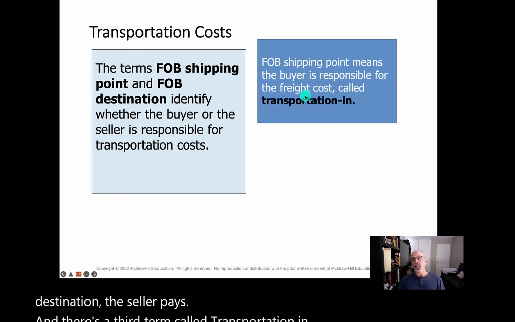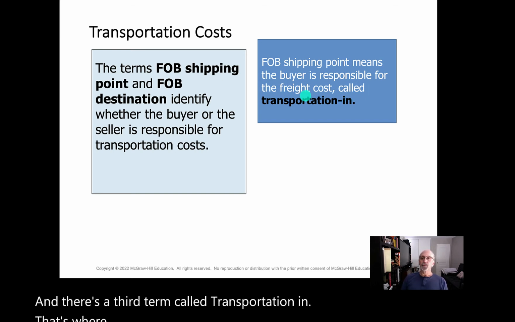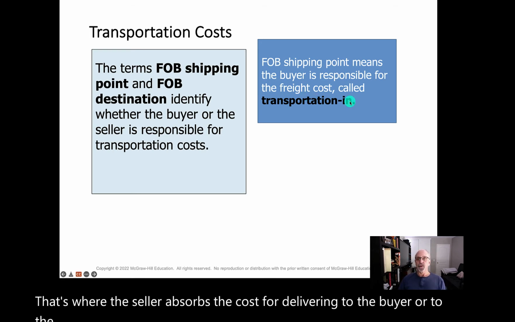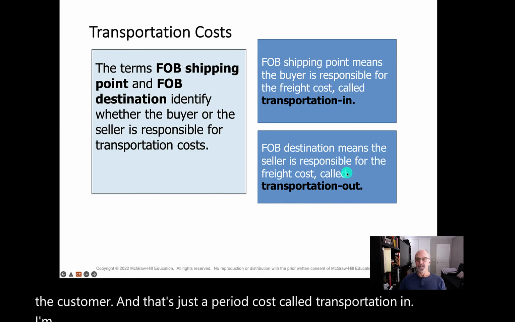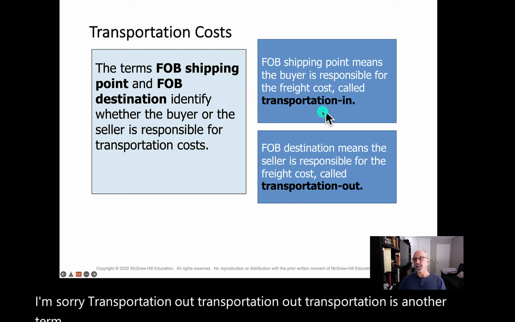That's where the seller absorbs the cost for delivering to the buyer or to the customer. And that's just a period cost called transportation out. Transportation in is another term for this, but it's not typically used.